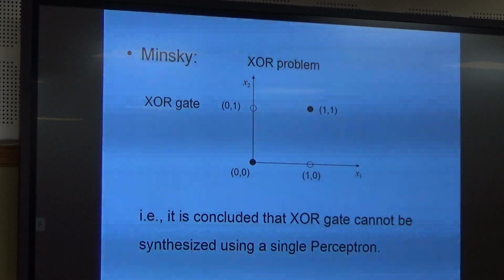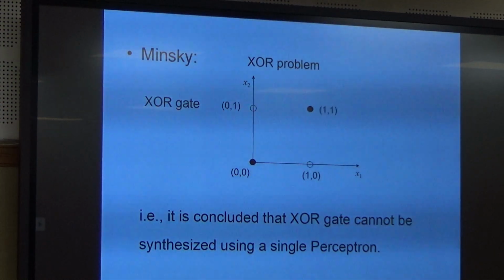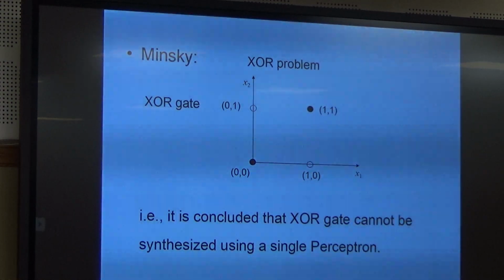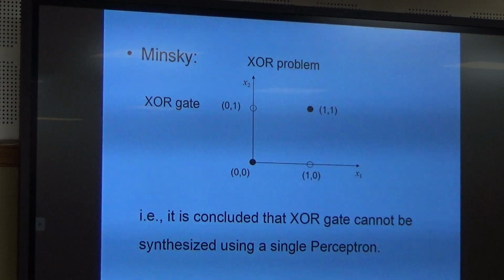So there was a fellow called Minsky. He asked a question: can we realize the exclusive OR gate? So for 0, 0 the output is 0. For 0, 1 the output is 1. For 1, 0 the output is 1. For 1, 1 the output is?